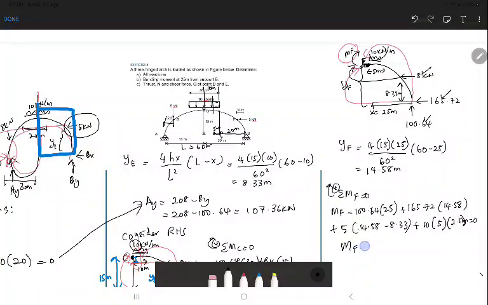And you got MF is equal to negative 56.45 kilonewton meter. Because this is negative, our first assumption of MF in this direction is actually in this direction. Okay, clear. So we got the bending moment at 25 meter from support B.